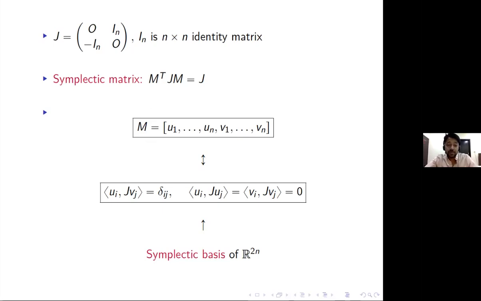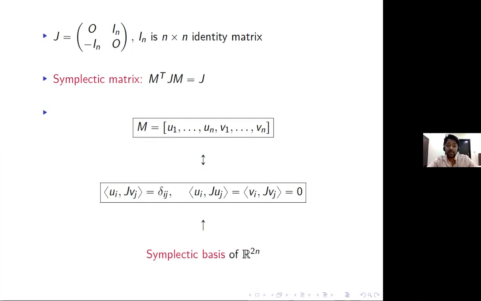And from the definition of symplectic matrices, we can see that symplectic matrices are invertible matrices. So its columns form a basis of the Euclidean space R2n, and such bases are called the symplectic basis of the Euclidean space R2n.